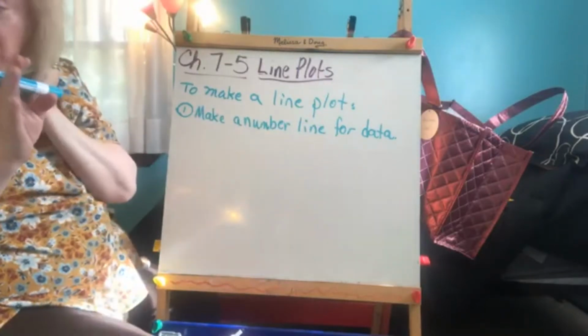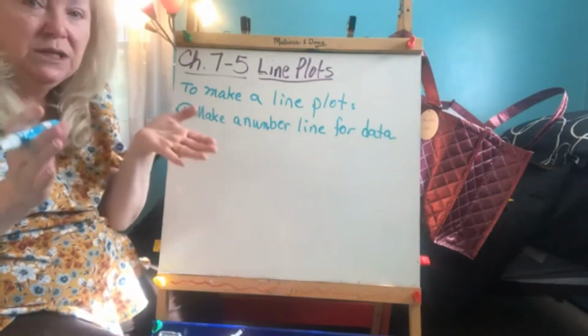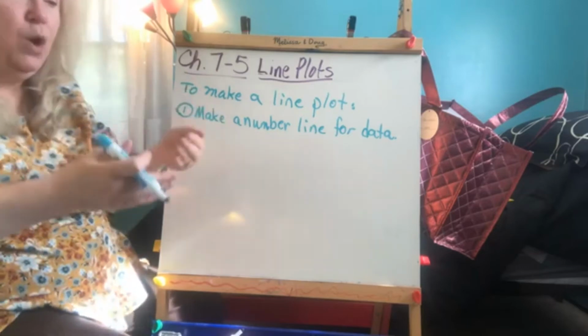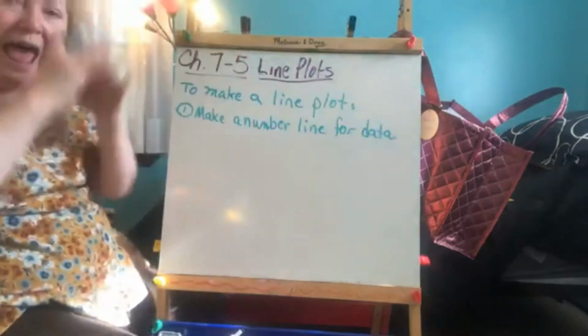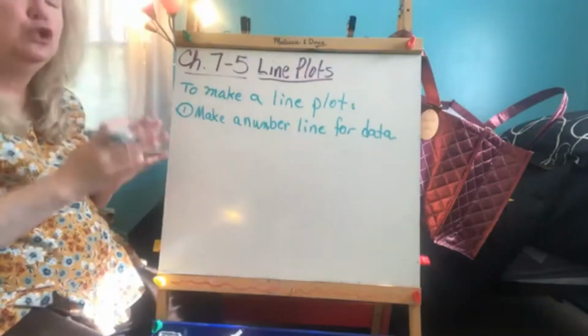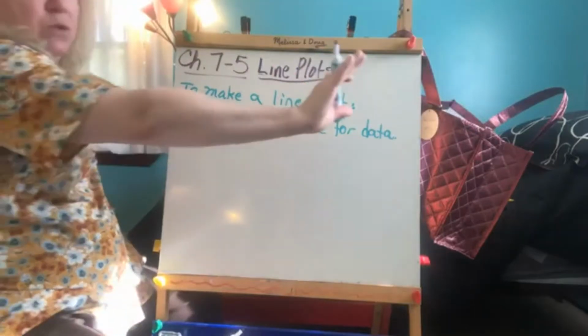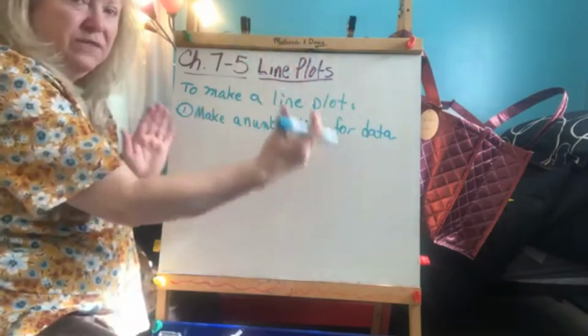Now your book only goes from 7 to 11. But I've told you this in the past for other types of graphs, that it is better to put a little bit before and a little bit after the actual data so that the person who's looking at your information knows that nothing was cut off the edges, that what you've got is all of the information.